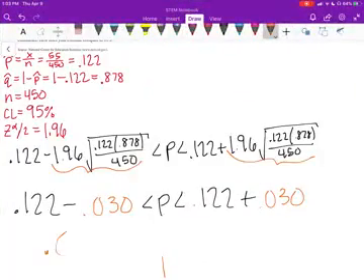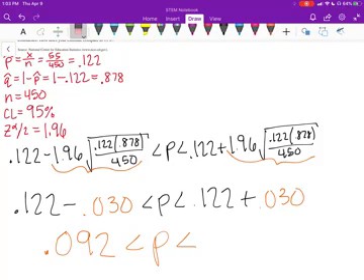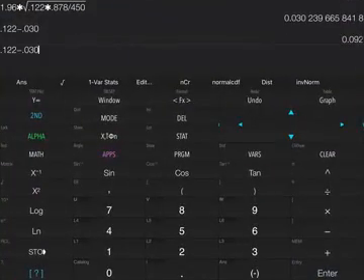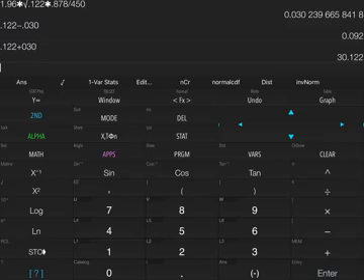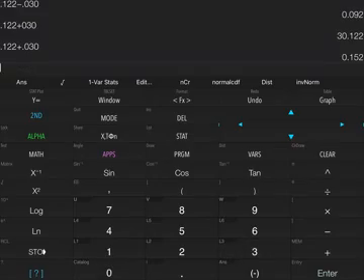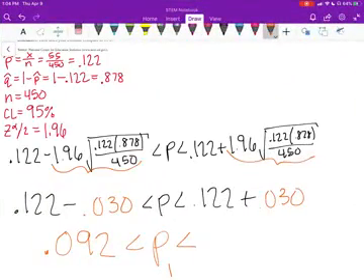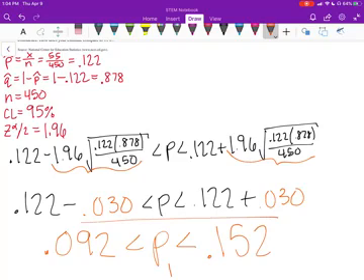So we have 0.092 is less than p is less than. Now let's plug in the upper. 0.122 plus 0.030 is 0.152, which is what they have in the back of the book.